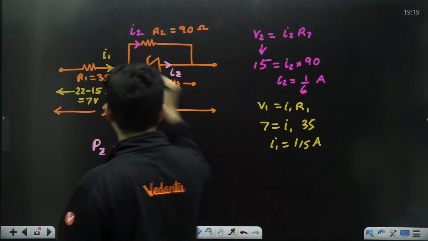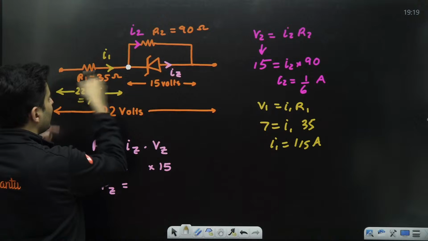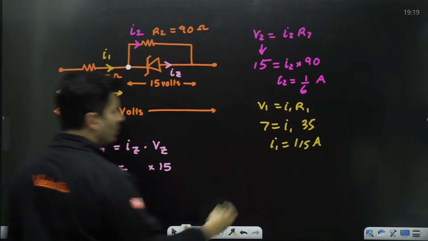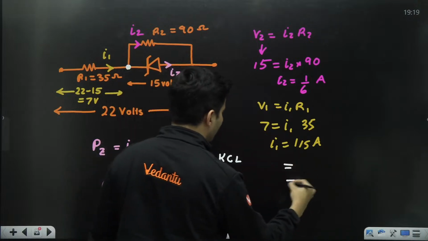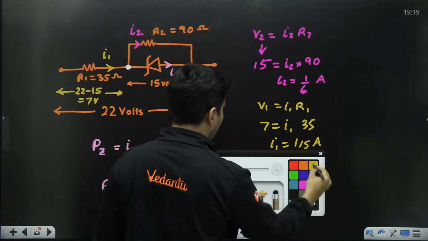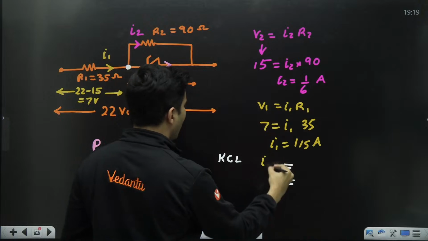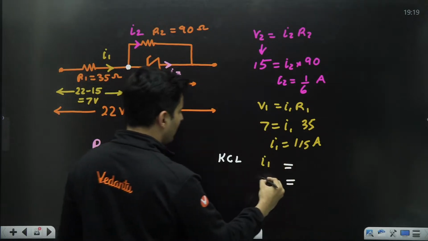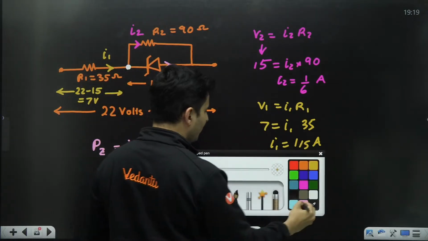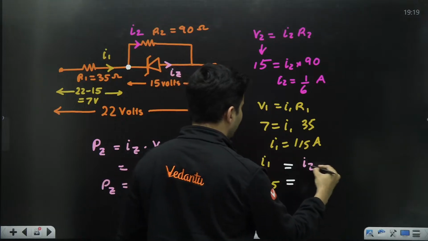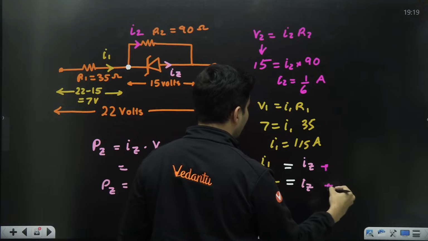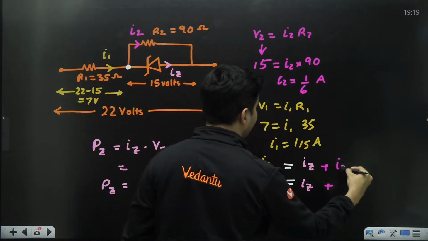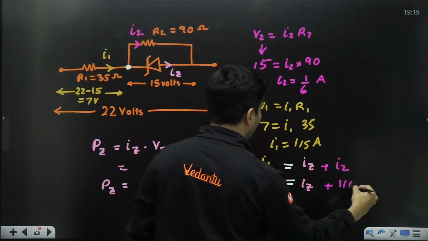Now, the best part is at this particular junction, current is coming in and it is getting distributed. So use Kirchhoff's current law, which is as good as saying the current which is coming in, I1, which is nothing but 1 by 5 of an ampere, is going as Zener current plus the remaining is going as I2, which is nothing but 1 by 6.